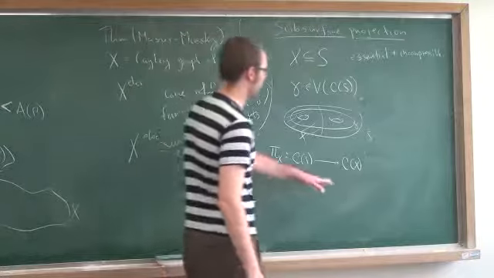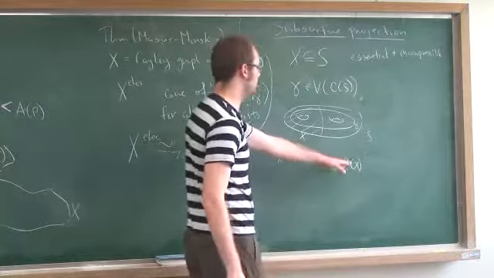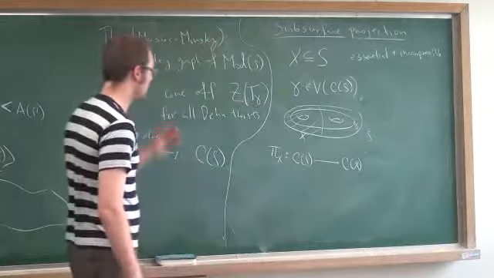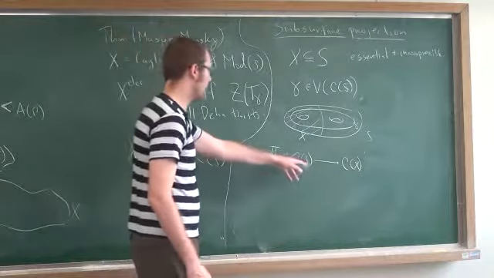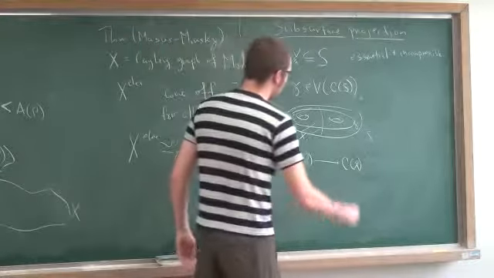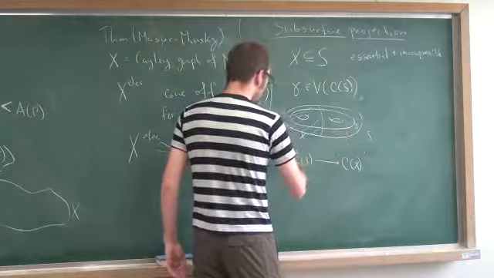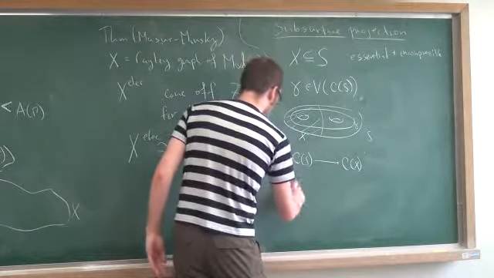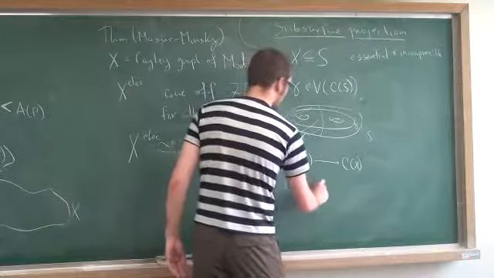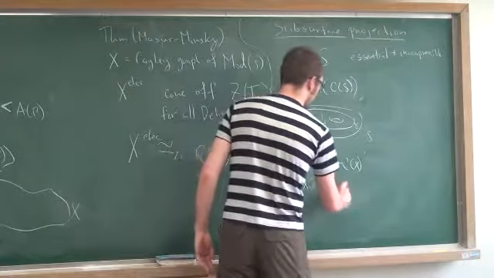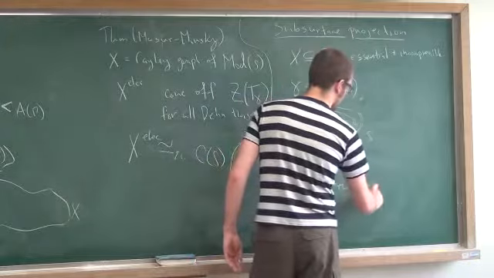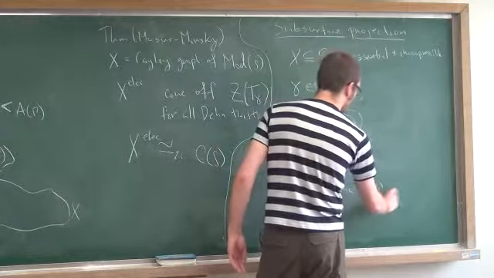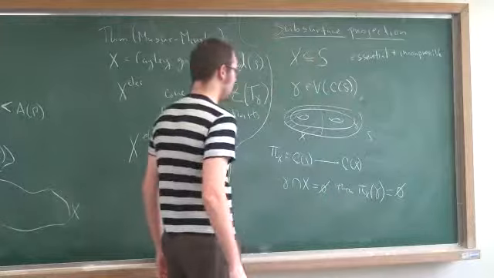What it does is it associates a possibly empty multicurve inside of X to each vertex of the curve graph of S. The way this is defined is that if gamma intersect X is empty, then pi X of gamma is empty.